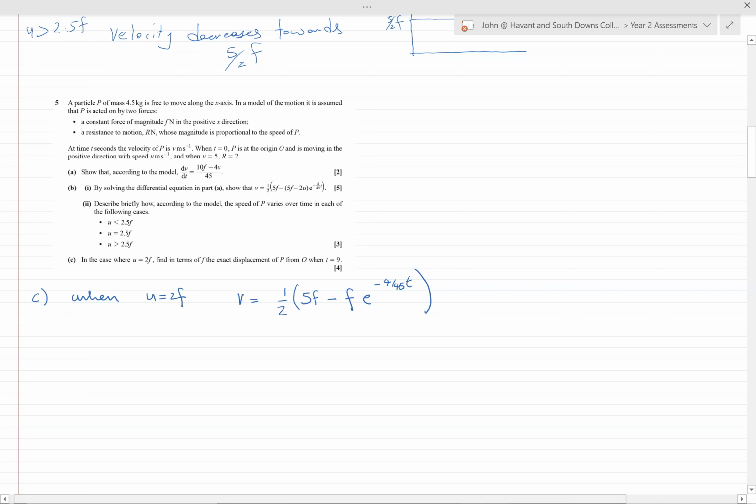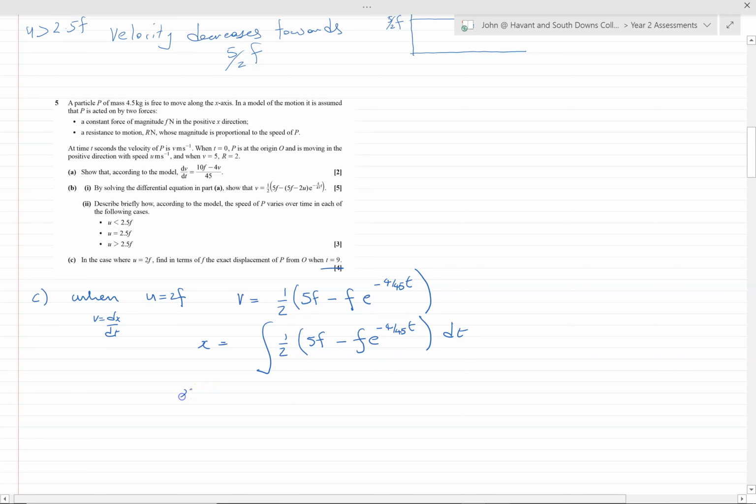So now it just becomes a differential equation because it wants the displacement when t equals 9 in terms of f. So we can integrate both sides of this, and we can say that x is equal to, because remember v is equal to dx by dt, the integral of half 5f minus f e to the minus 4 over 45 t dt.